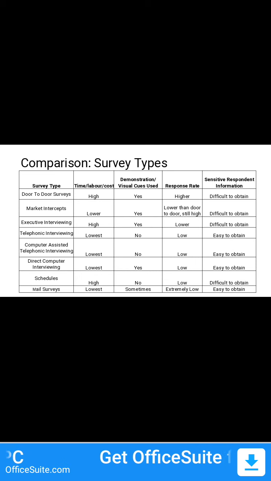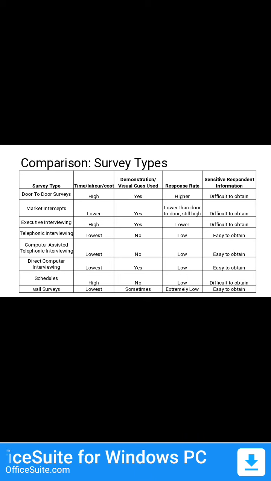So the general rule is, if it is a face to face interaction, there are chances that the response rates would be higher. On the other hand, if it is not involving any face to face interaction, and both the parties don't know each other, the chances are that the response rates would be lower.